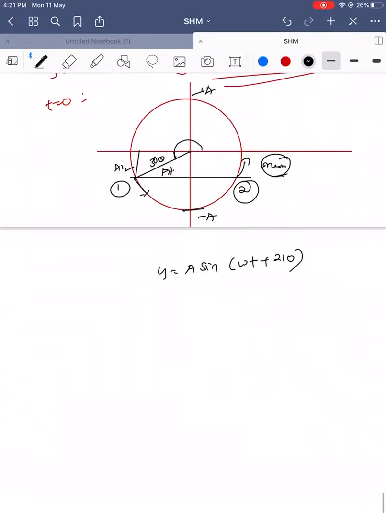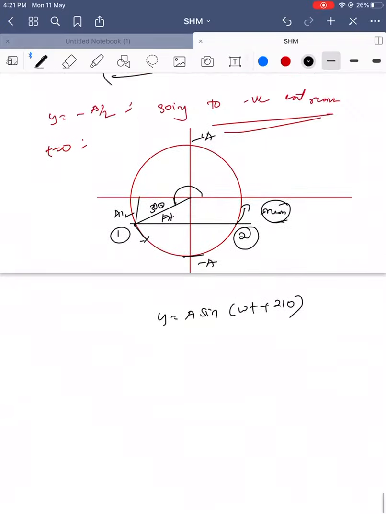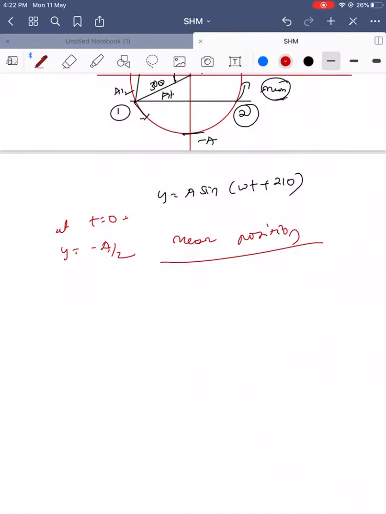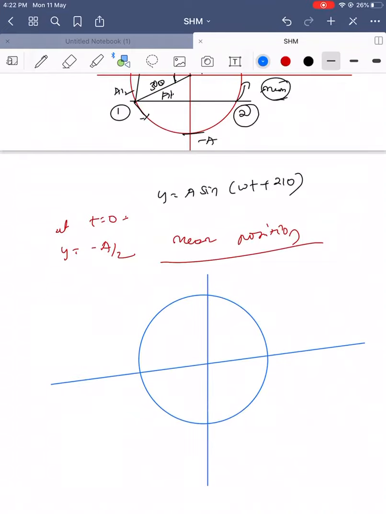180 plus 30, 210. Next, if we consider the next case, y is at minus a by 2 at t is equal to 0, and it is coming to the mean position. My handwriting is not so good because I am going in a hurry. If you draw a circle, it has come like an egg. Circle, and if we write two positions, those two positions are 1 and 2.